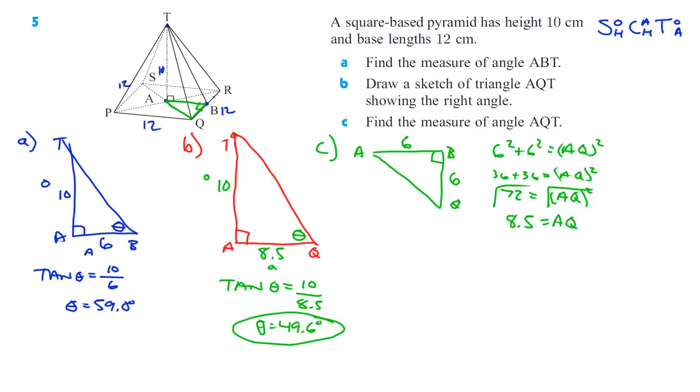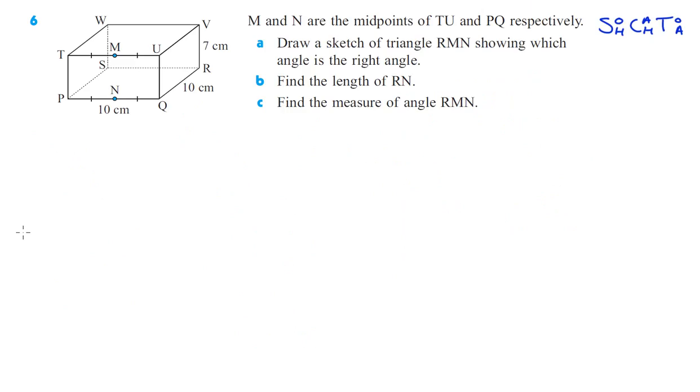Okay, last one, number 6. Let's see, M and N are both midpoints, so that's the middle of TU and PQ. Draw a sketch of triangle RMN. So here's R to M to N. Okay, so there's our triangle showing which angle is the right angle.